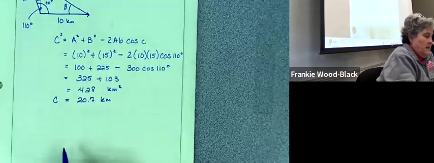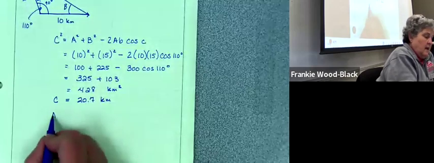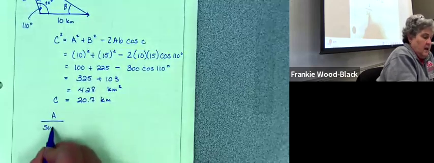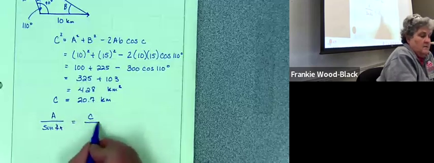So if I want to find angle A, I get A over sine of the angle is equal to C over sine of the angle.